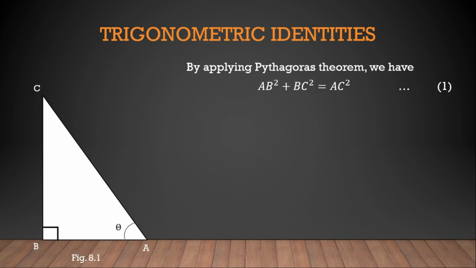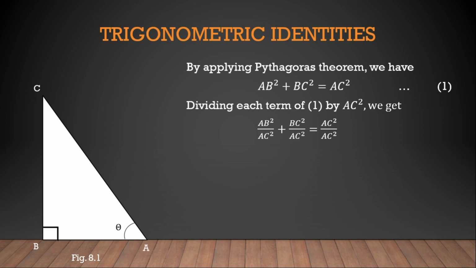Then, if we divide each term of equation 1 by AC square, we get AB square by AC square plus BC square by AC square is equal to AC square by AC square. That is, (AB by AC) whole square plus (BC by AC) whole square, which is equal to 1.